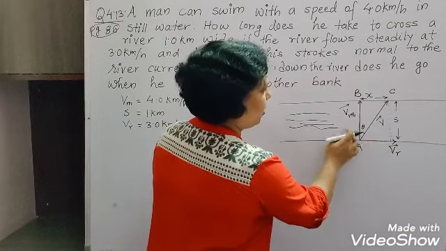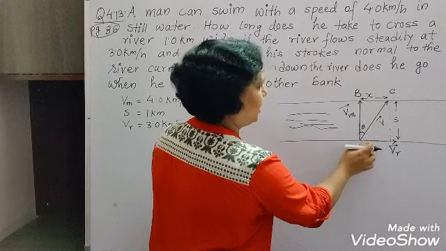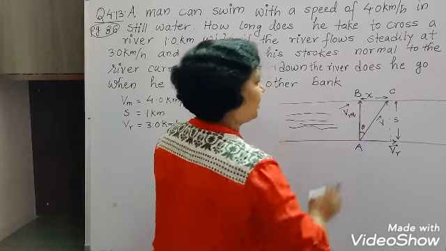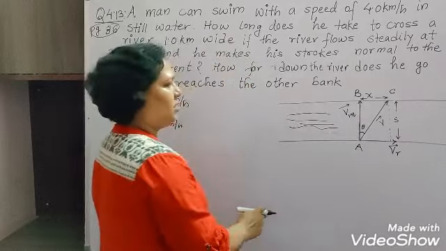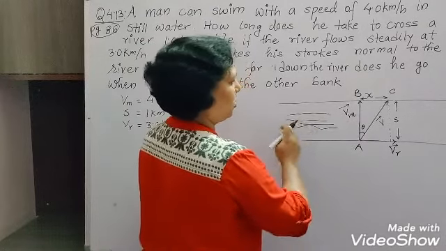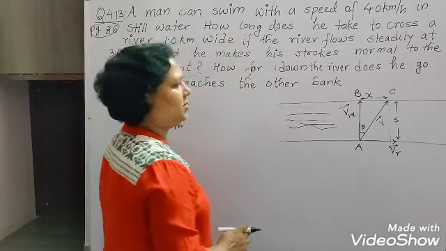The resultant of these two will be in the direction AC, making angle theta with the normal of the river current.